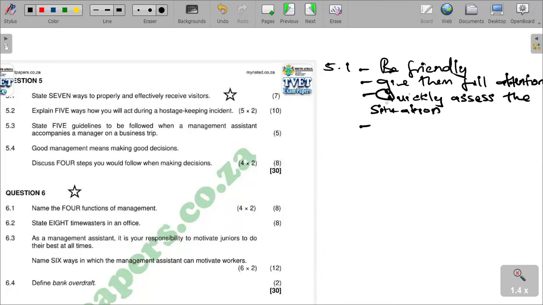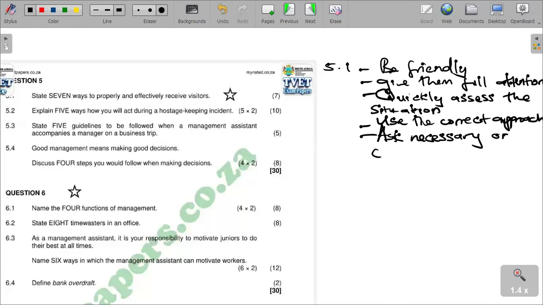Right. You're supposed to use the correct approach. Right. You're supposed to ask the necessary or correct questions. Right.